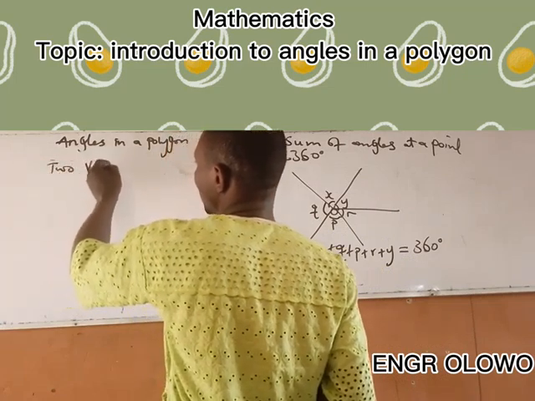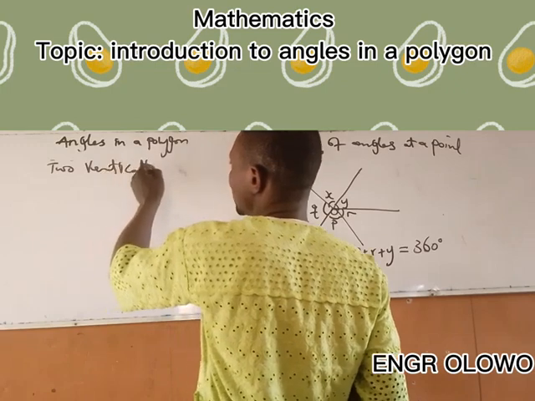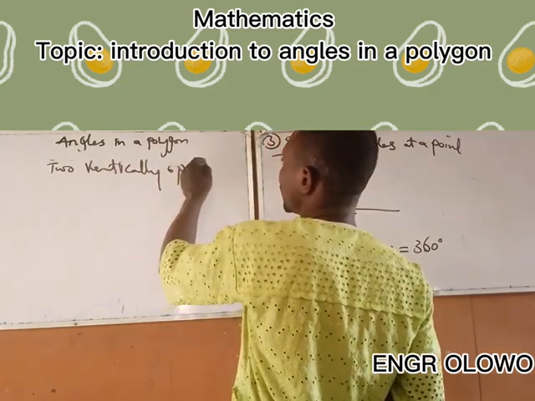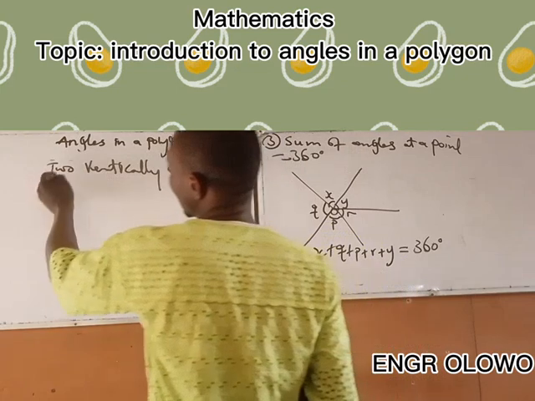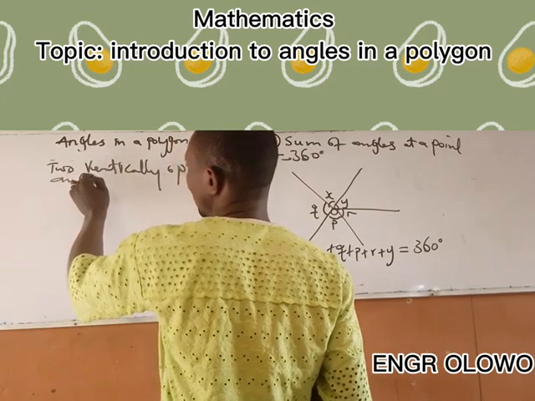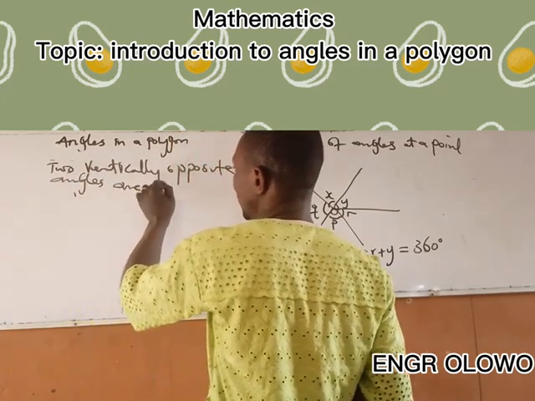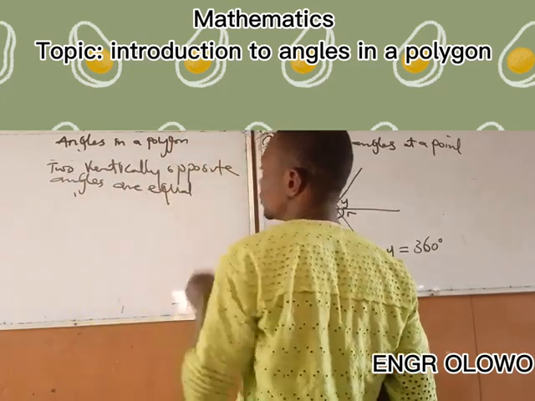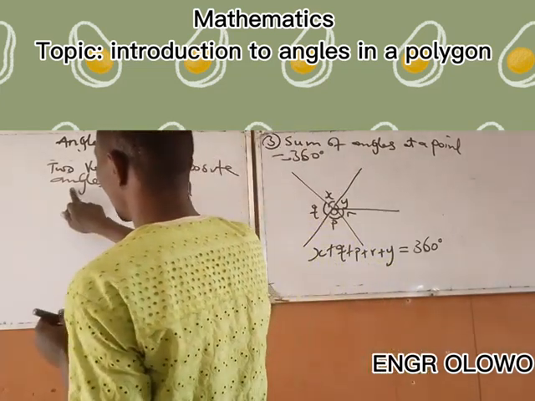Let's look at another rule that guides polygons. We have vertically opposite angles. Two vertically opposite angles are equal.